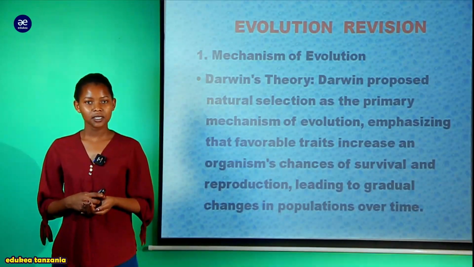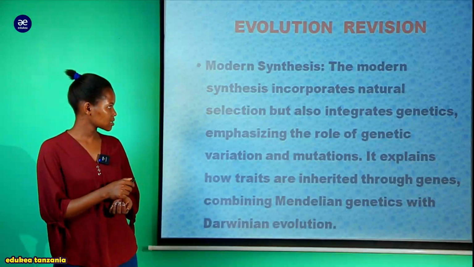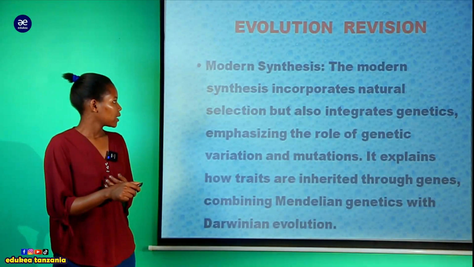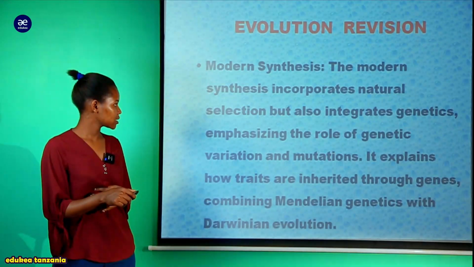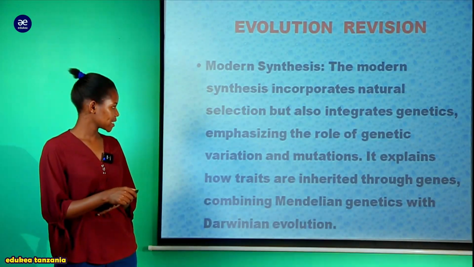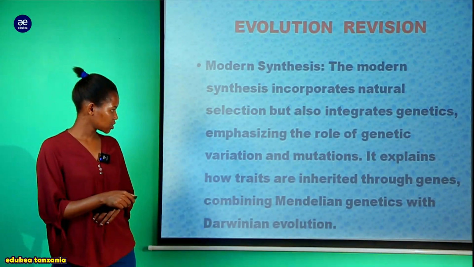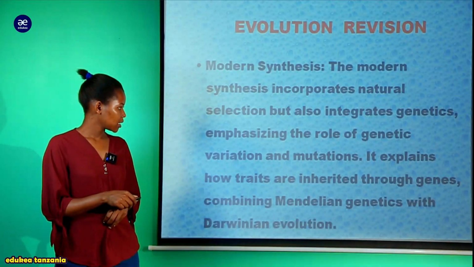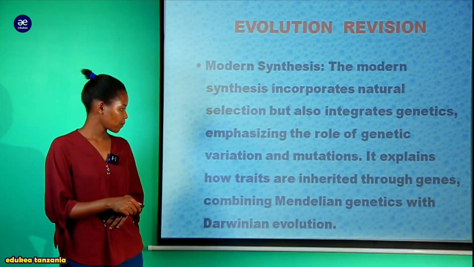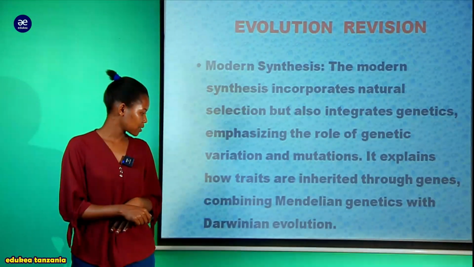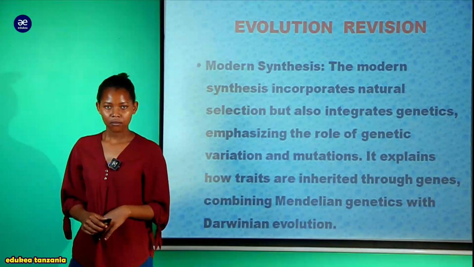But on the other side, tukimwangalia modern synthesis, the modern synthesis incorporates natural selection but also integrates genetics, emphasizing the role of genetic variation and mutations. It explains how traits are inherited through genes, combining Mendelian genetics with Darwinian evolution.